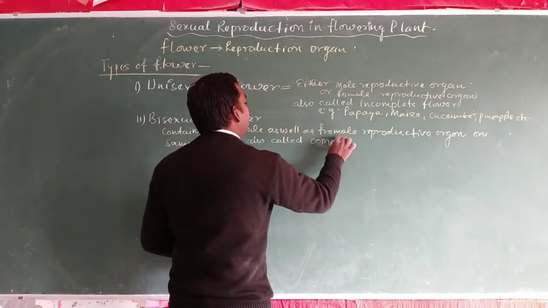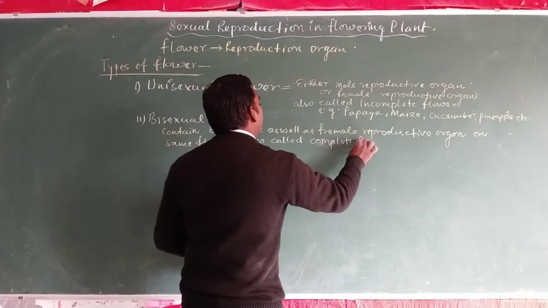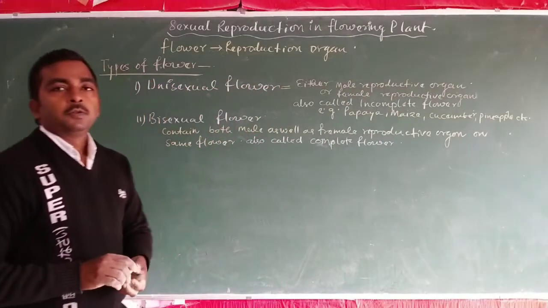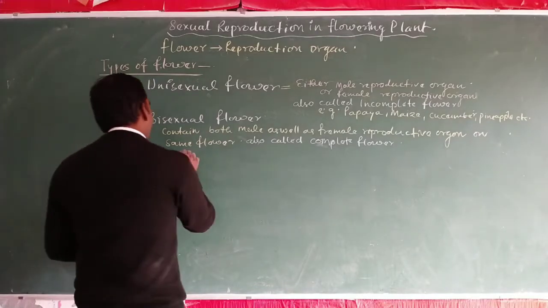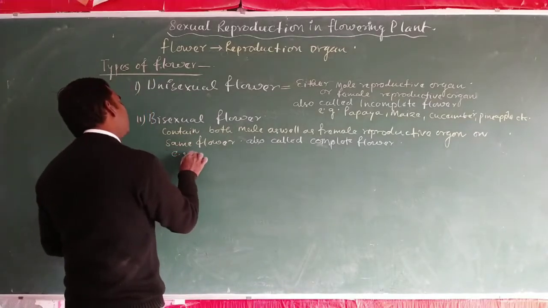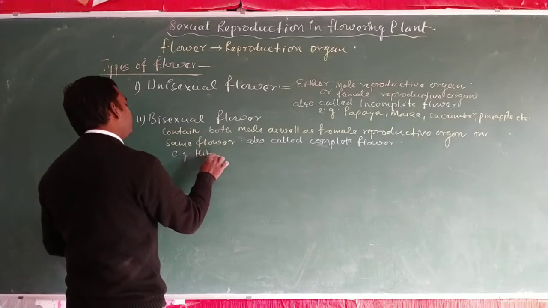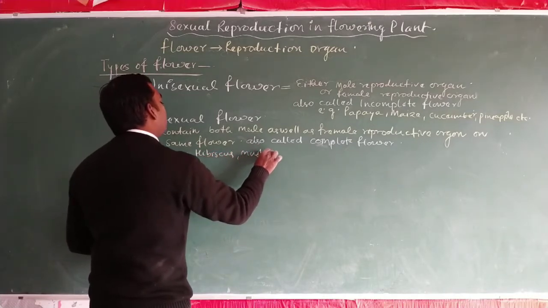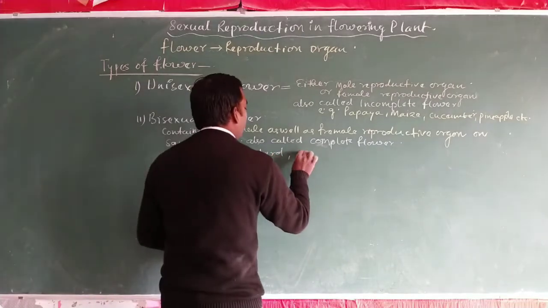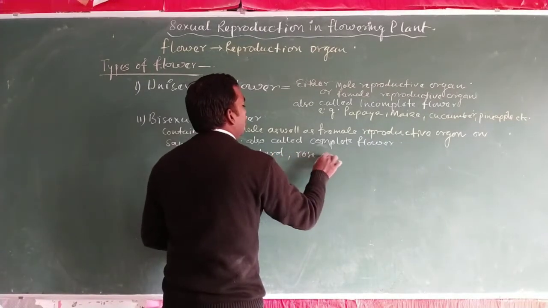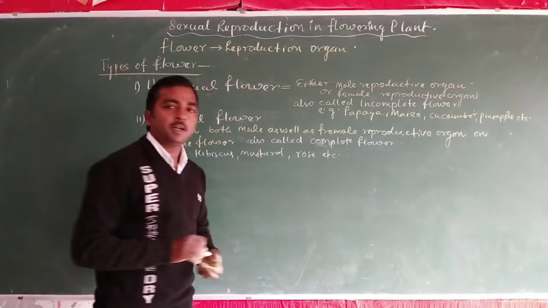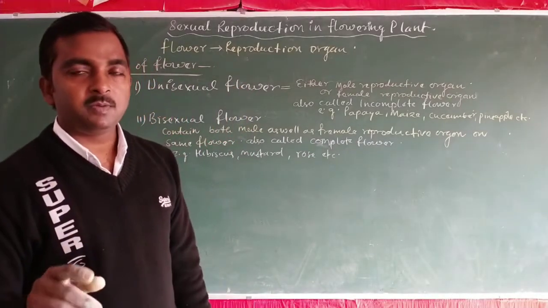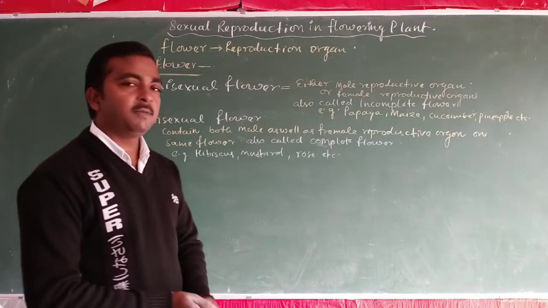The examples of bisexual flower are hibiscus, mustard, rose, etc. These are bisexual flowers in which both male as well as female reproductive organs are present on the same flower.